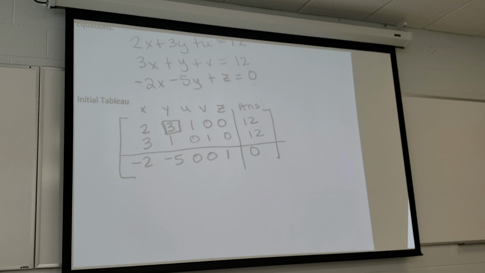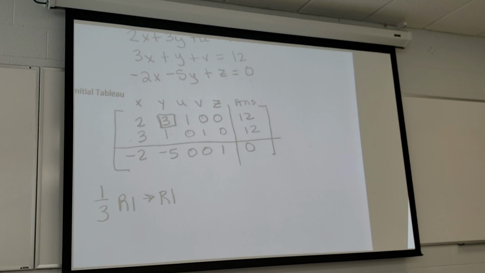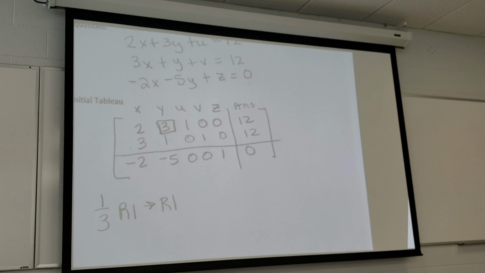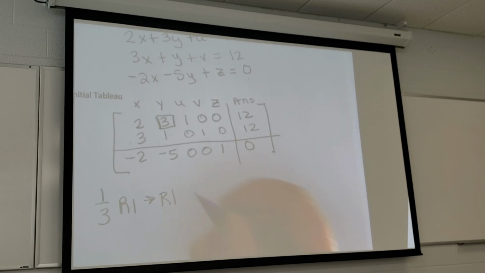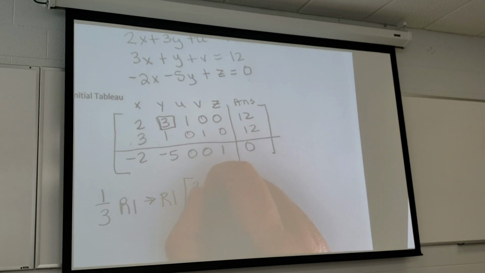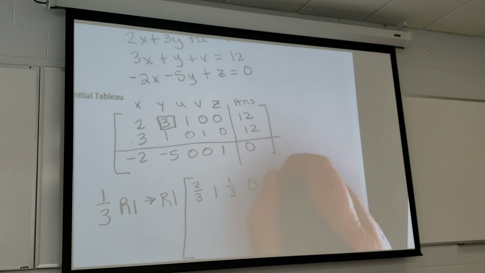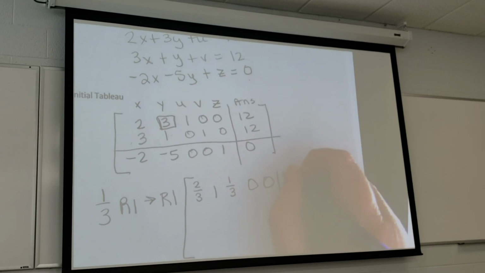You just can't change that 3. That whole row is gonna change. So it's 1/3 times row 1, my new row 1. That means every element is gonna be multiplied by 1/3 or divided by 3. So it's 2/3, 1, 1/3, 0, 0, 4.